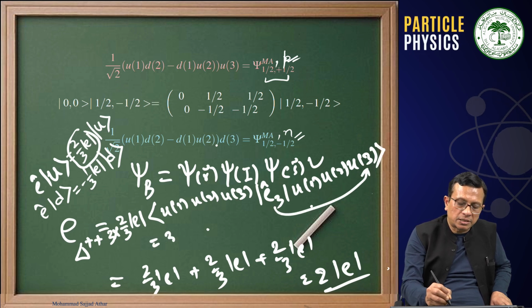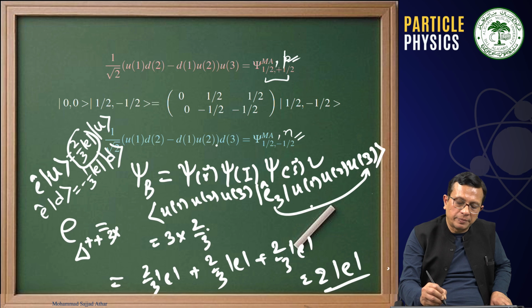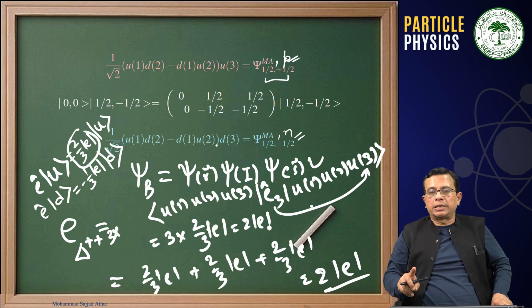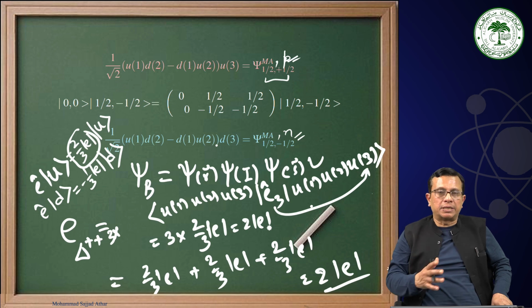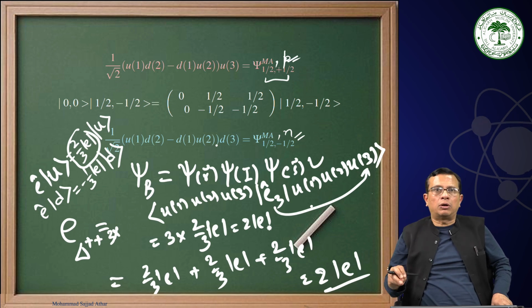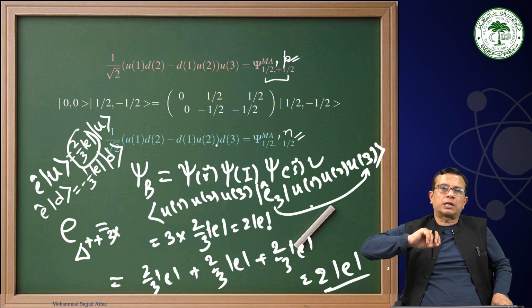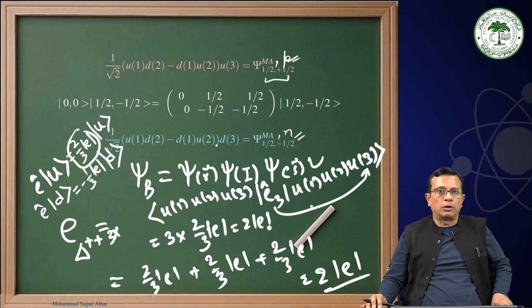Therefore, this will be 3 times E3 operating on u3, which gives 2/3 e, and that will be 2. Instead of doing it individually for the quark in state 1, state 2, and state 3, we can just take 3 times E3 and operate E3 only on the particle in state 3. We will get the same result as when we take individual contributions from E1 operating on 1, E2 operating on 2, and E3 operating on 3.